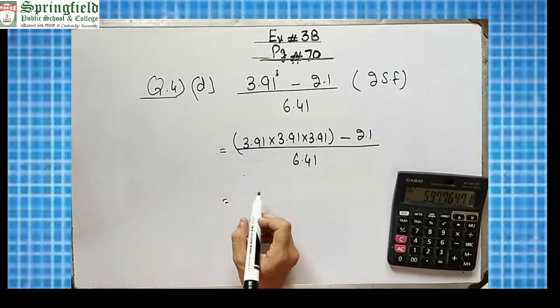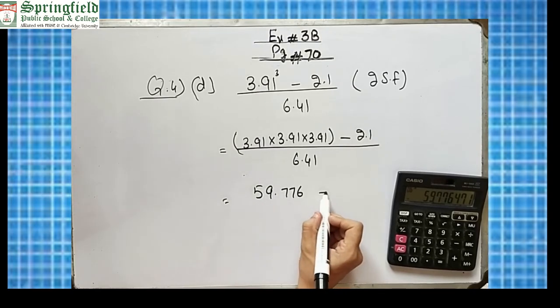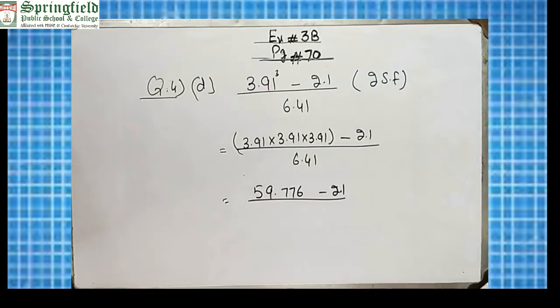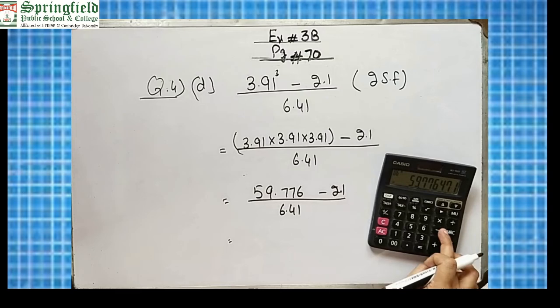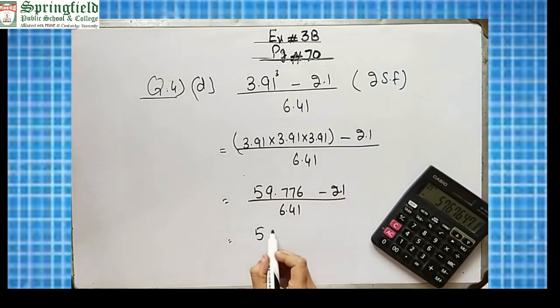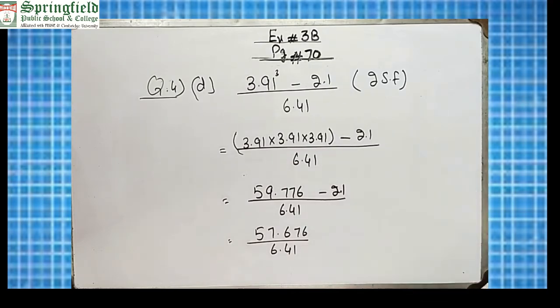So 59.776 minus 2.1 divided by 6.41. Then subtract 2.1 from 59.776, which gives 57.676 divided by 6.41, and then divide by 6.41, 8.998.